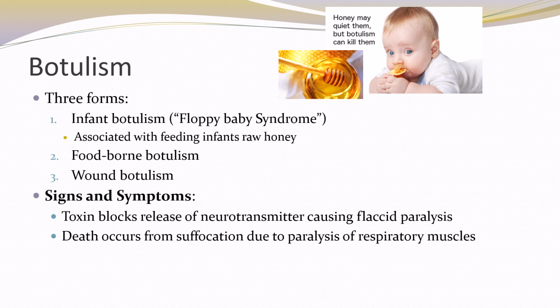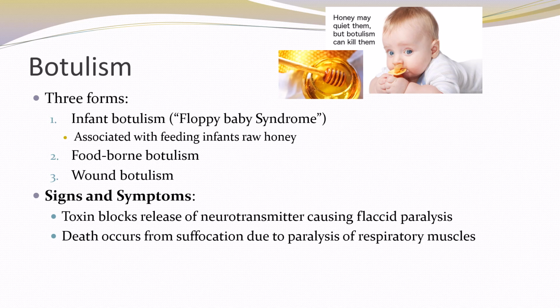There are three forms of botulism, which is infant botulism, usually associated with feeding infants raw honey, and this microbe or the exotoxin gets into their system and causes paralysis. And again, we talked about how tetanus is that spastic paralysis. With botulism, it's flaccid paralysis. So that limp paralysis that we were talking about before, that you typically think of when you think of paralysis, that is what happens here.